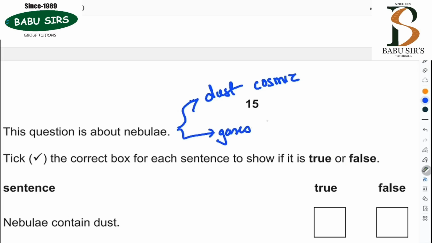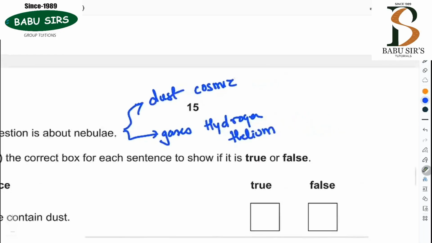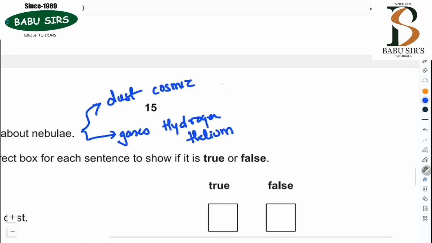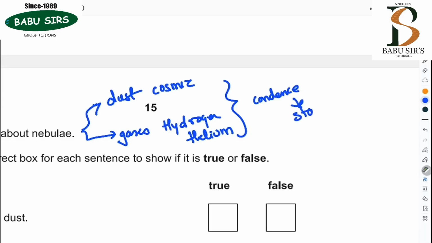Mostly these gases are hydrogen or helium. Now what happens if this condenses? You will get a star or a planet or a planetary system.